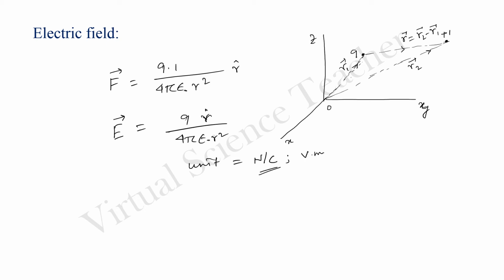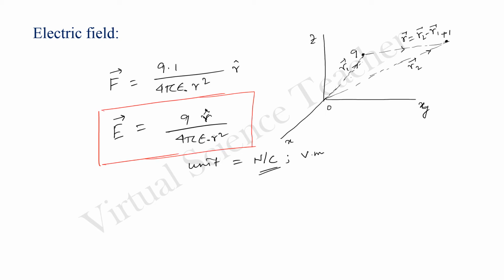But Newton per Coulomb is the conventional unit. And what we have applied for force with more than two charges, the superposition principle, can also be applied for the electric field case. This is my electric field.